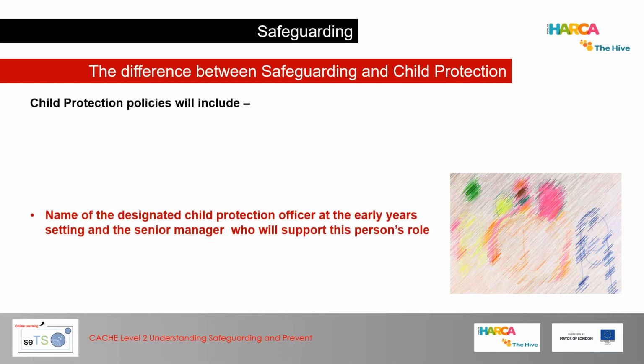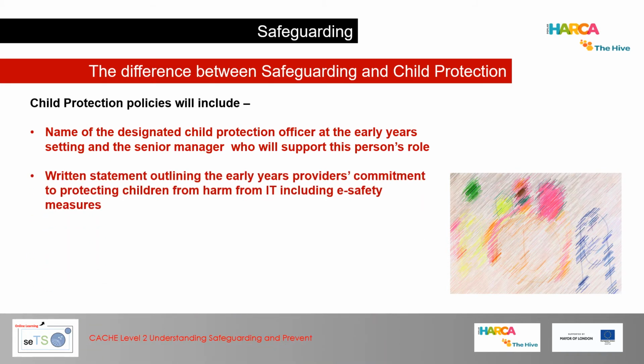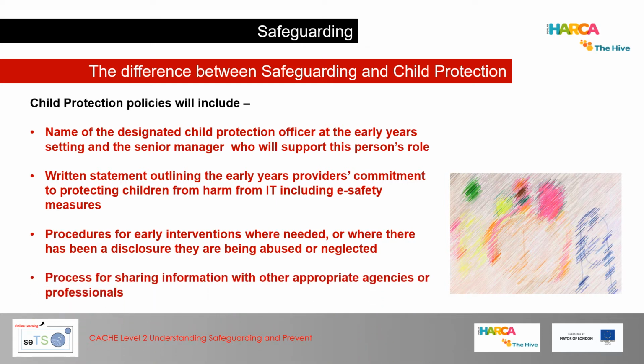Child protection policies will include the name of the designated child protection officer at the early years setting and the senior manager who will support this person's role. A written statement outlining the early years provider's commitment to protecting children from harm from IT, including e-safety measures, procedures for early interventions where needed or where there has been a disclosure they are being abused or neglected, and a process for sharing information with other appropriate agencies or professionals.